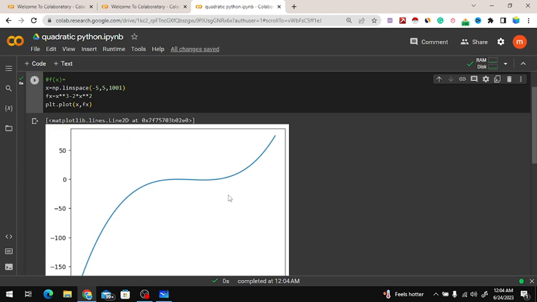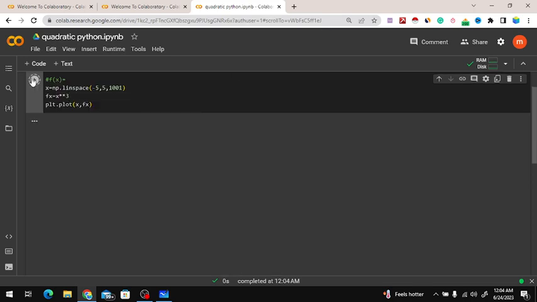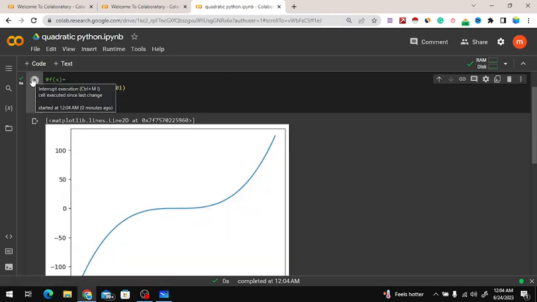Similarly, if you write only x cube, what happens if you plot x cube like this? It's passing through the origin.